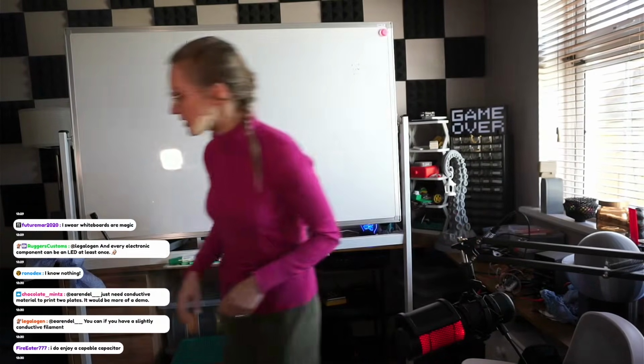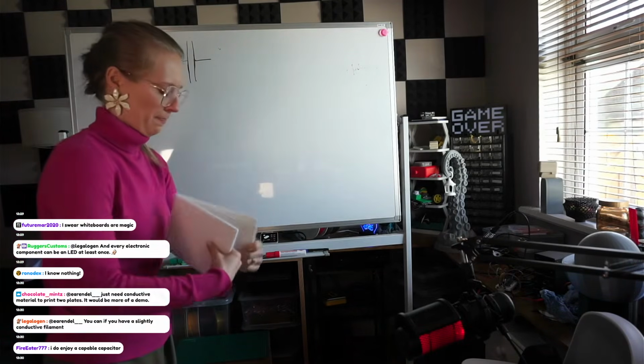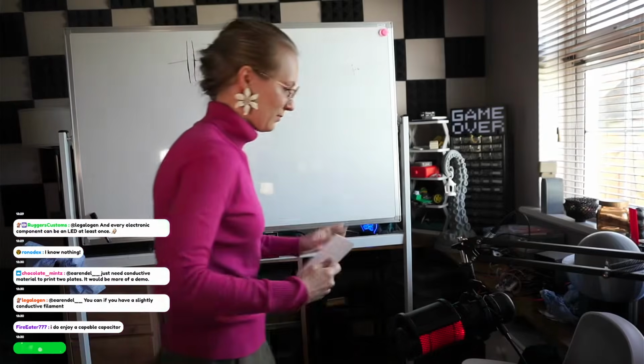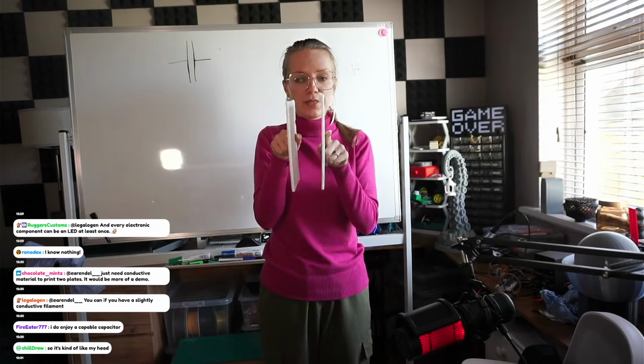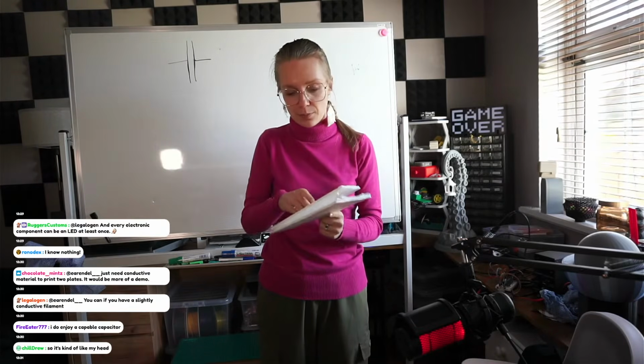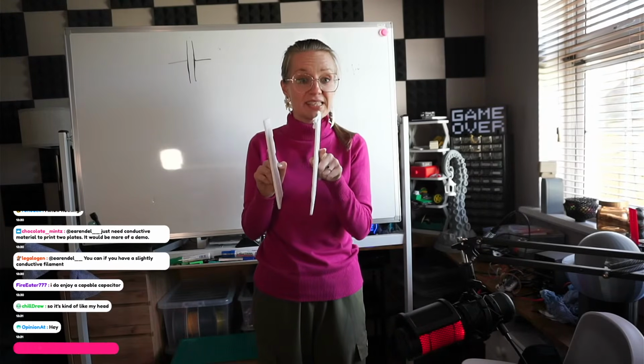Here we go. If I get two metal plates and I put them like this, and I probe a wire in here and a wire in here, and I put it into a circuit, and we have air in between, we have basically a capacitor in front of us.